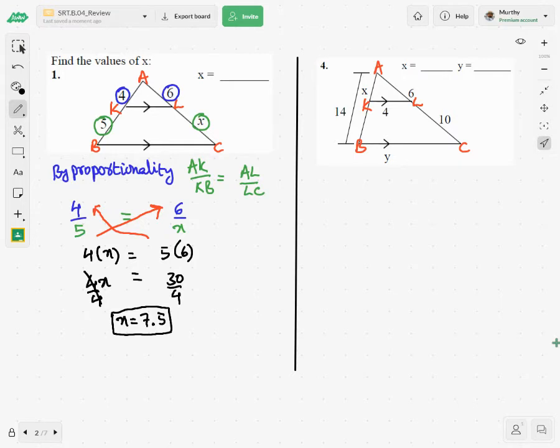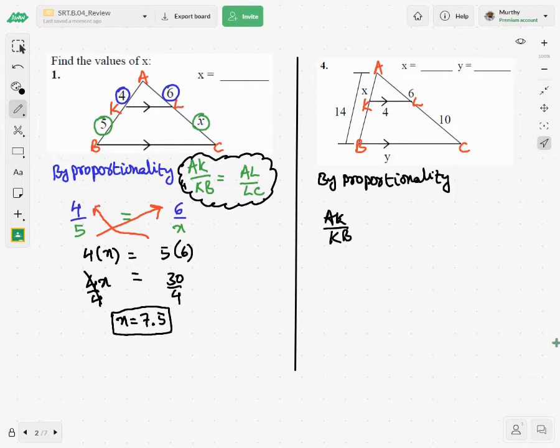Coming to the next one, shall I take the same ratio? So by proportionality theorem, AK over KB equals AL over LC.